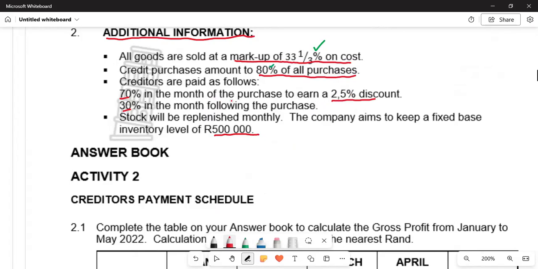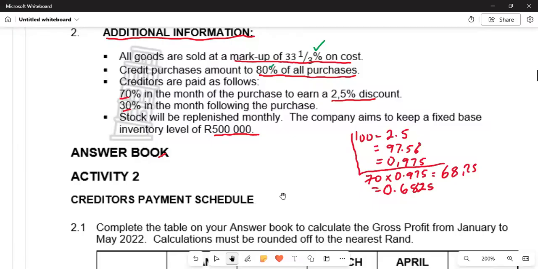This month of sale where we have 70%, we have to subtract this 2.5 discount. So we say 100 minus 2.5, because we have to subtract this discount that you are to earn on the month of purchases.